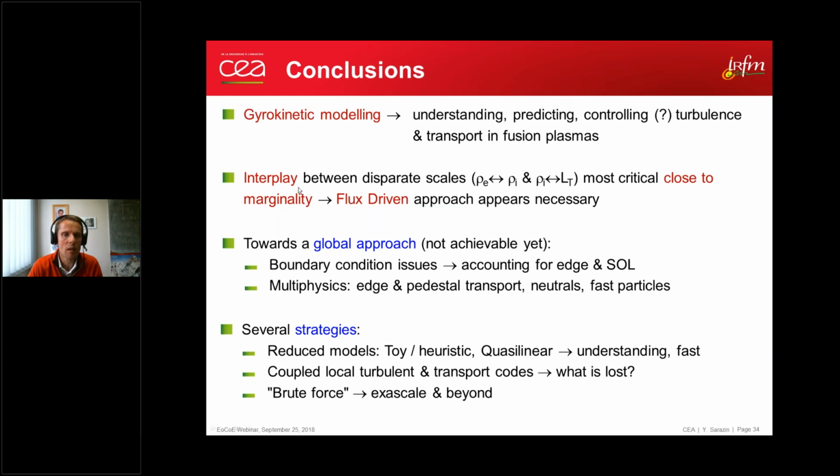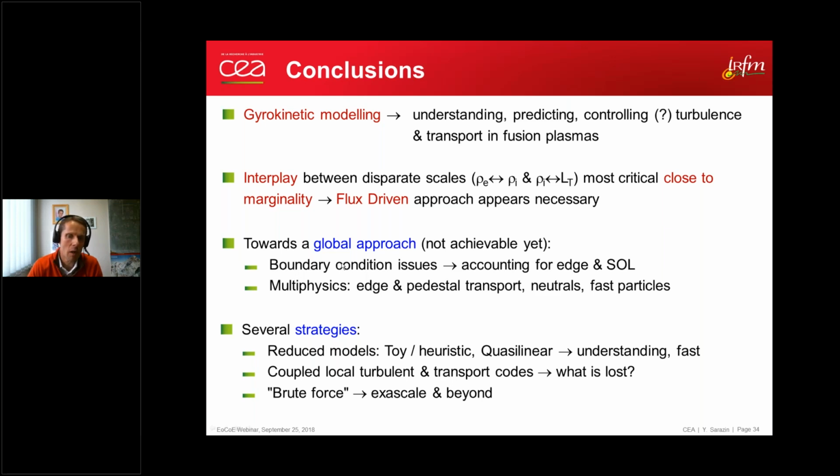We saw that there is definitely an interplay between various scales, the electron and ion scale on the one hand, the ion and equilibrium scale on the other hand, and the latter is especially important close to the threshold, which is the regime in which the experiment operates actually, and this requires a flux-driven approach.